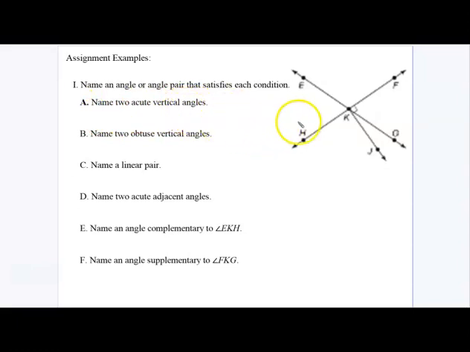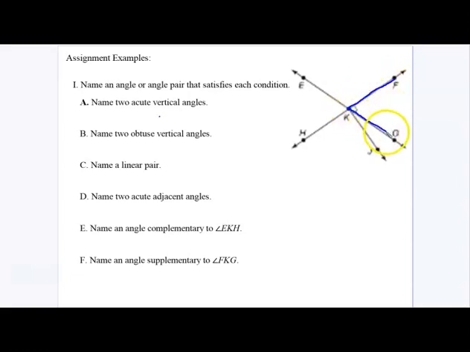Okay, so remember, vertical angles are angles that really are opposite each other. They share a vertex, but they open in opposite directions from each other. Acute means less than 90 degrees, of course, between 0 and 90. So I see a pair of acute vertical angles right here. I'll just highlight.